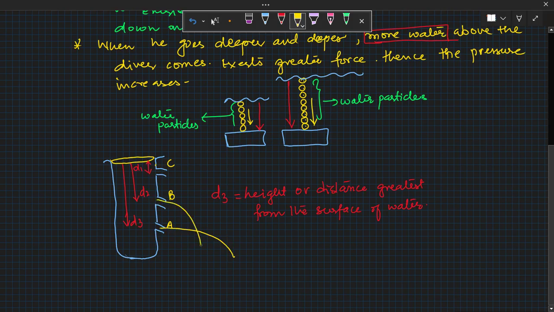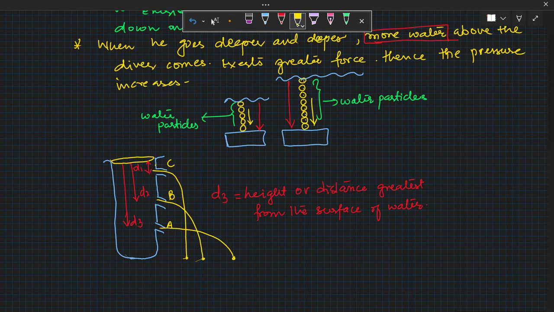B will reach this point, and C will reach this point. So why is A throwing the water most away from the container? Why is the most distance traveled by the water coming out from point A? Because point A has the greatest pressure. And why is the pressure greatest at point A? Because the height is greatest, right? Clear? Okay, so the water spurts out furthest and fastest from the bottom hole.